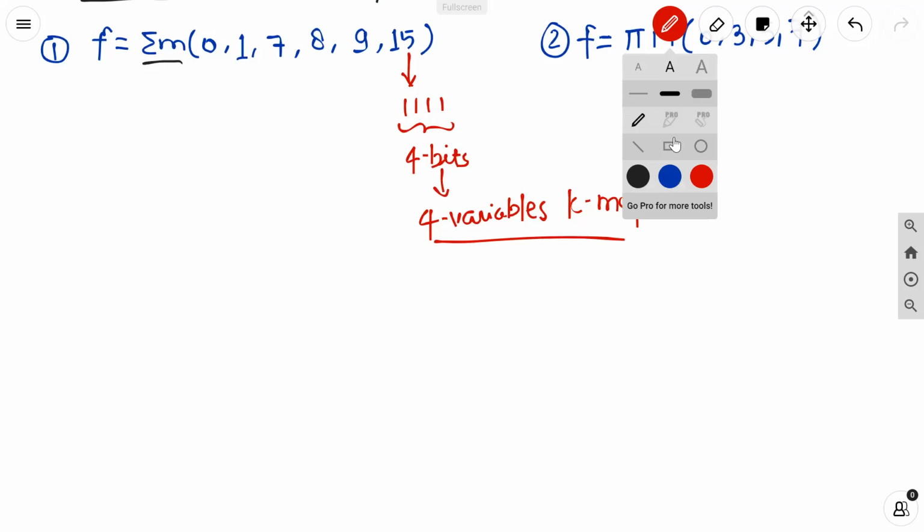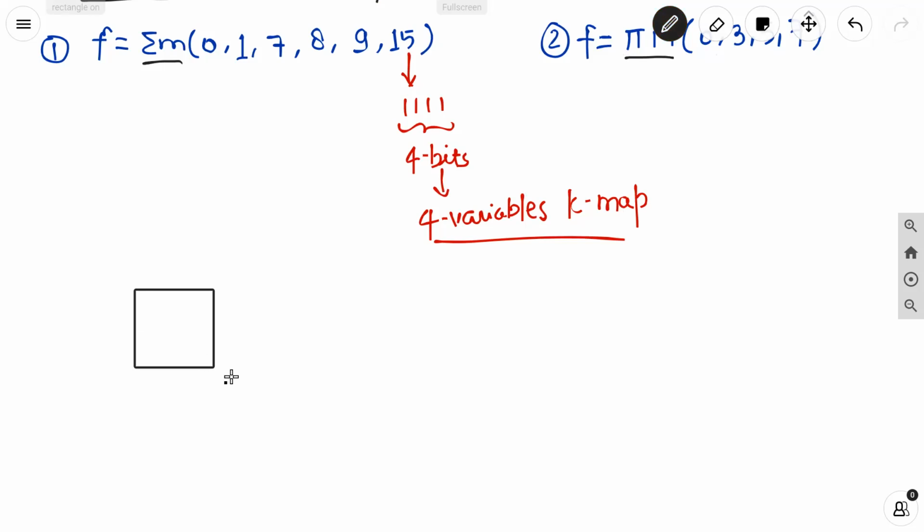Yes, this is the 4 variable KMAP. There will be 16 boxes.